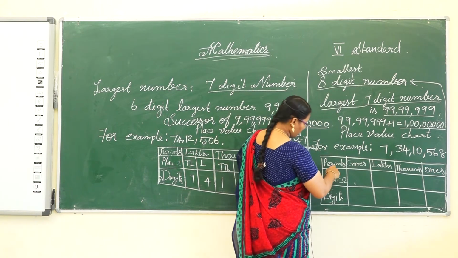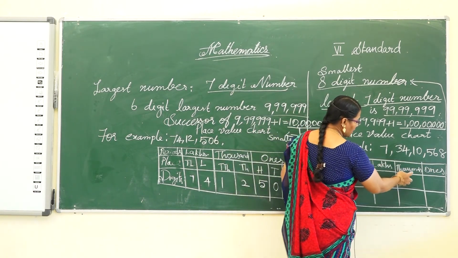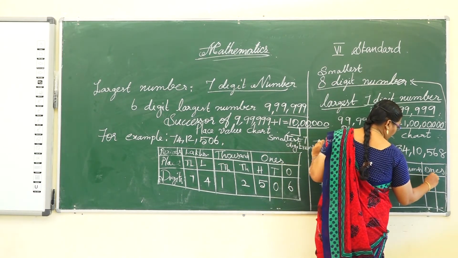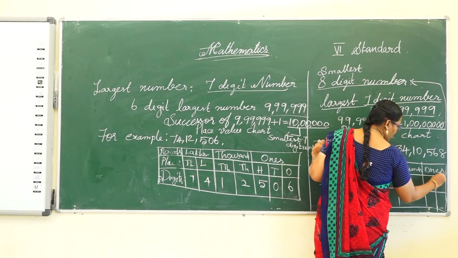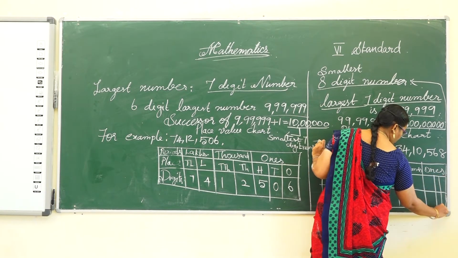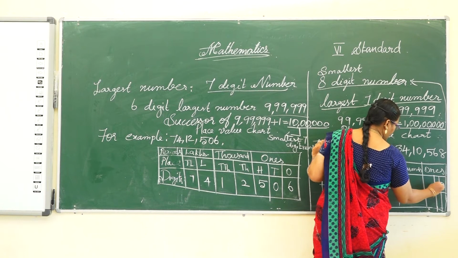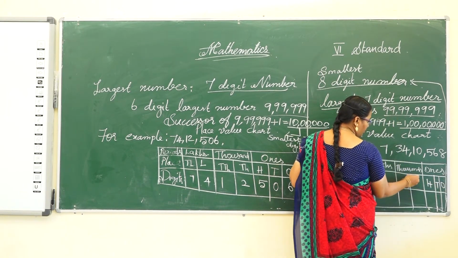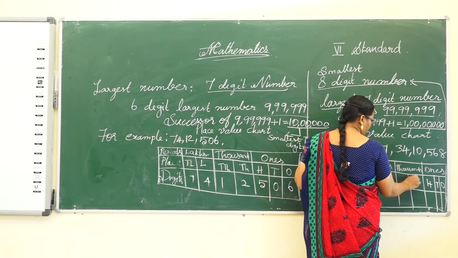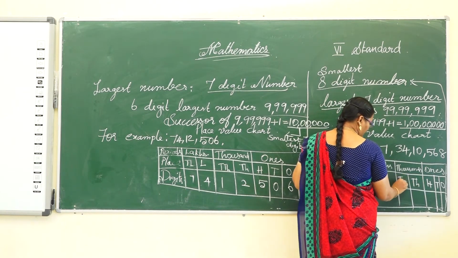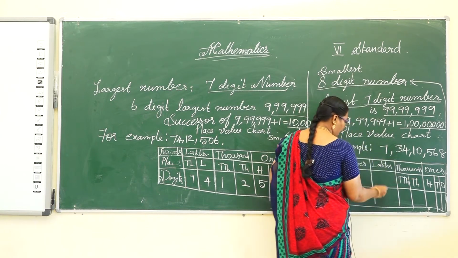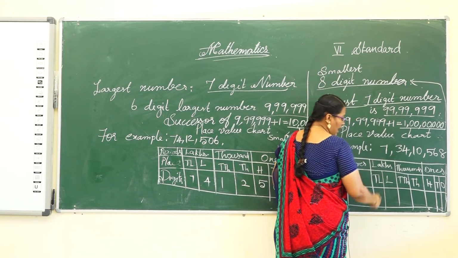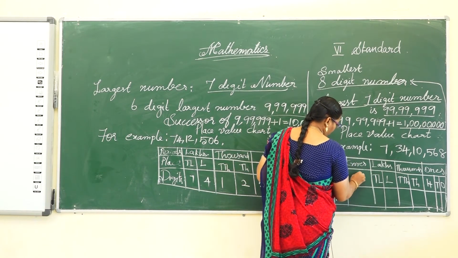So place value chart, periods: crores, lakhs, thousands, ones. Ones divides into 3 columns: ones, tens, hundreds. Thousands divides into 2 columns: 1000, 10,000. Lakhs divides into 2 columns: lakh, 10 lakh, and crore.